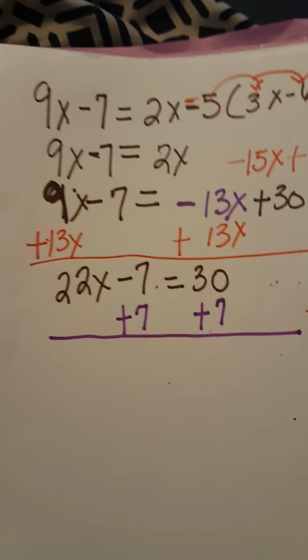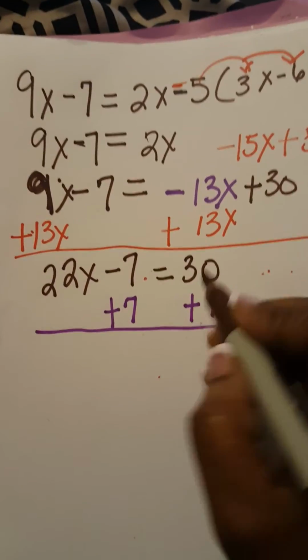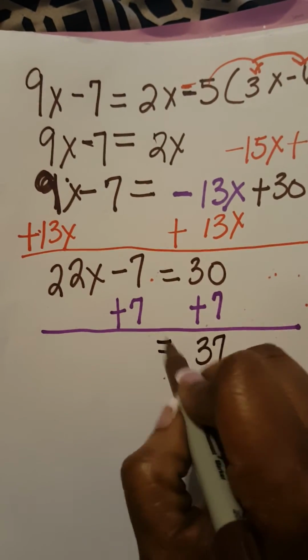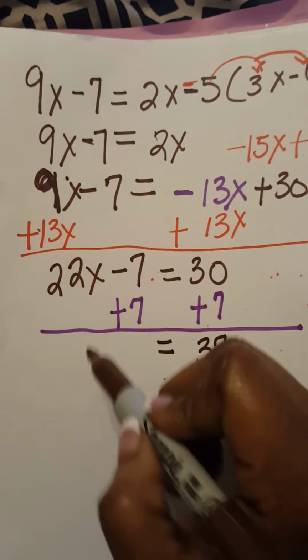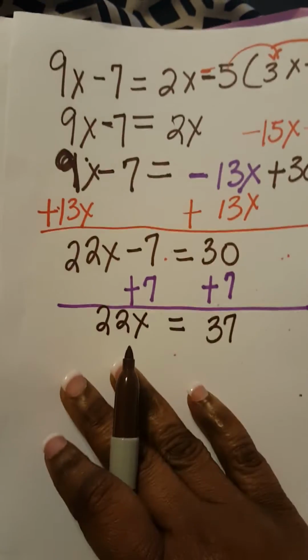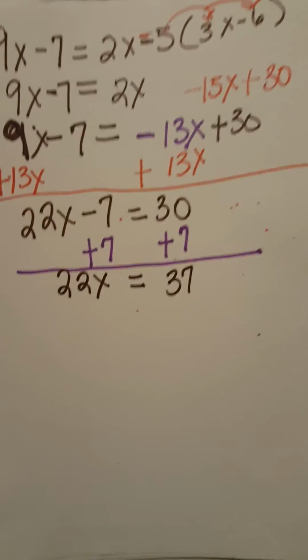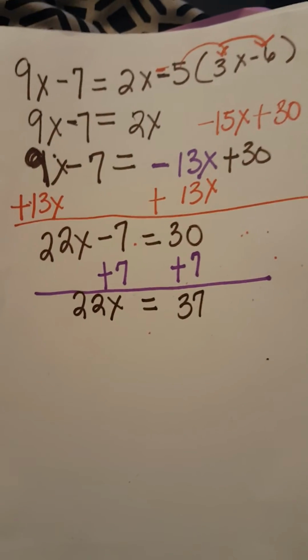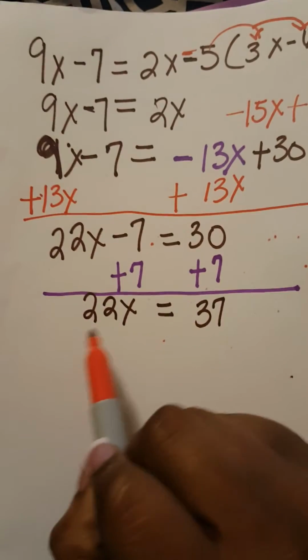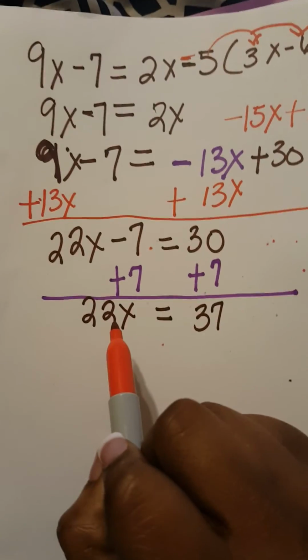Rewrite my problem. 30 plus 7 is 37 equals, and of course that cancels out, 22x.